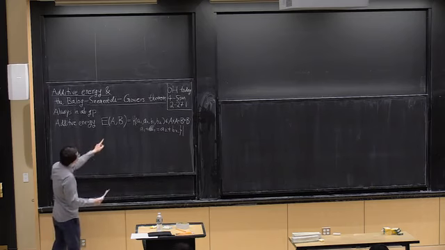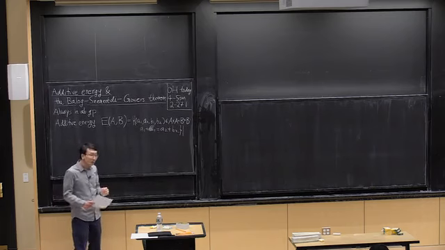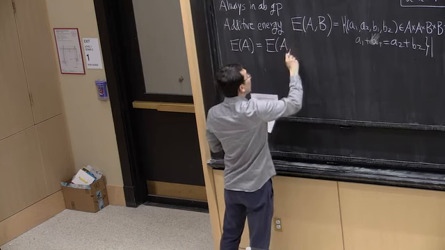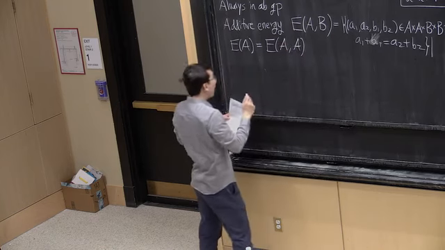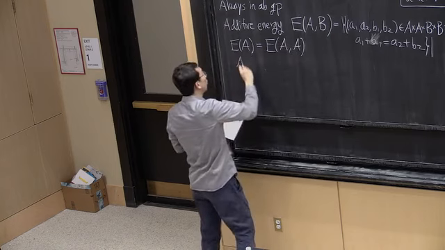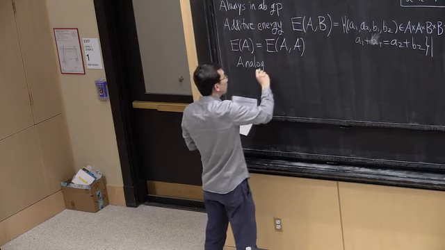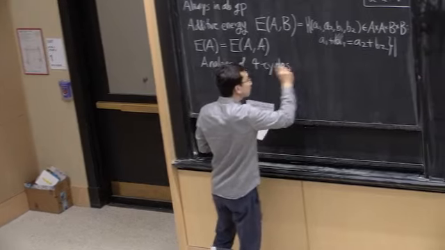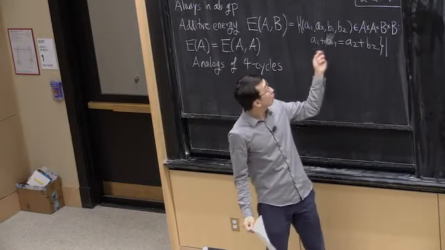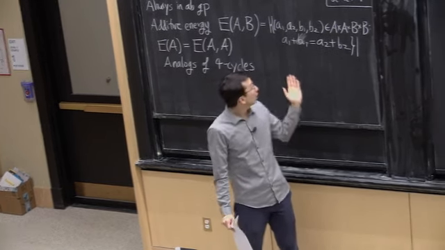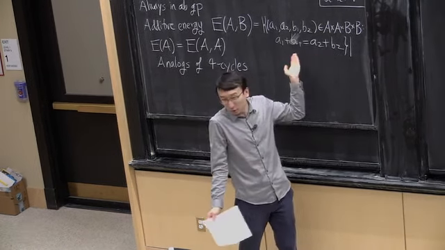When you have not two sets, but just one set, it's slightly easier to think about. We just write E of A to mean E of A comma A. These objects are analogous to four-cycles in graph theory, because if you think about this expression in a Cayley graph, let's say over F2, then this is the description of a four-cycle.